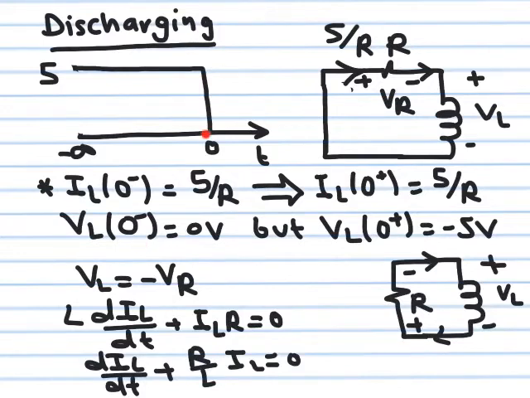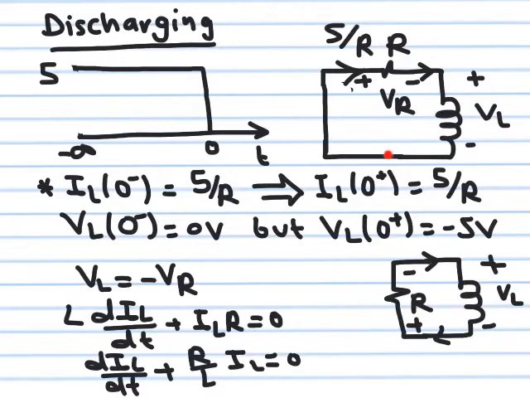Before you make that change, there was no voltage across the inductor, because the inductor was at steady state. The current is fully charged, so VL is 0. Now, after you made that change, to satisfy KVL, VL immediately after will change to minus 5 volts.